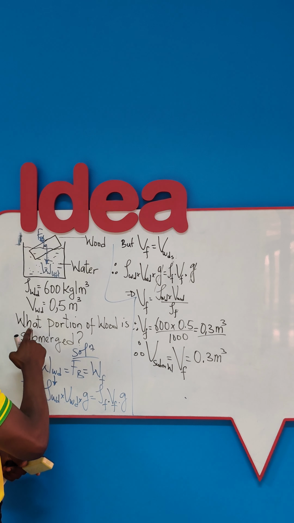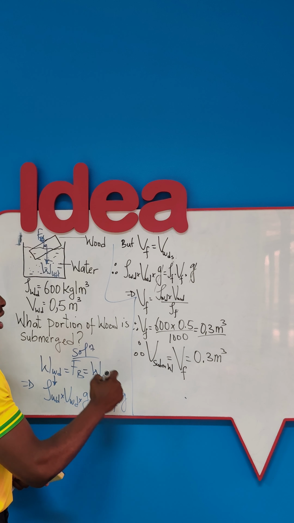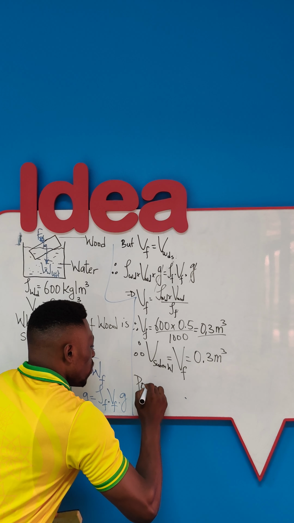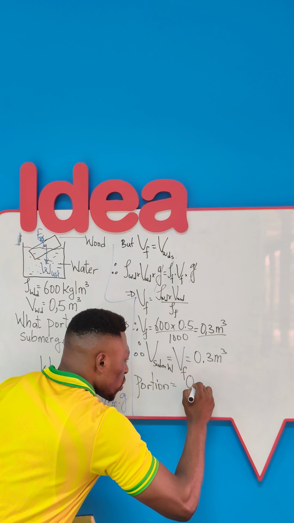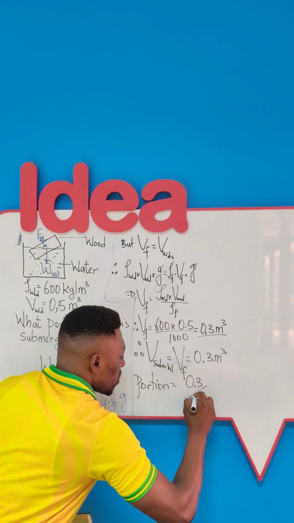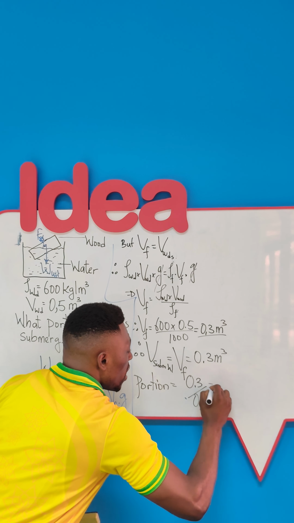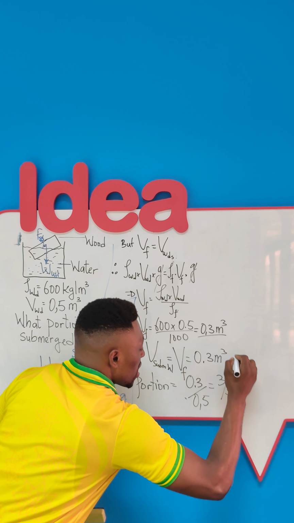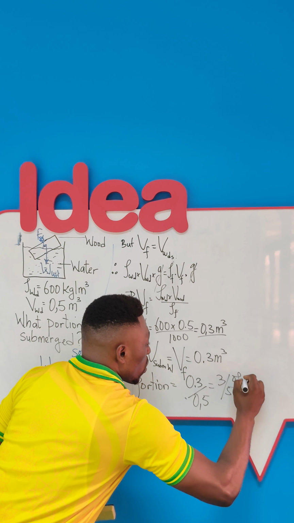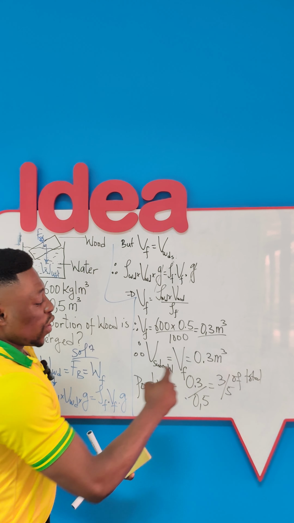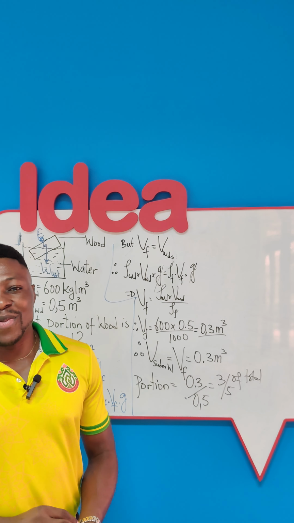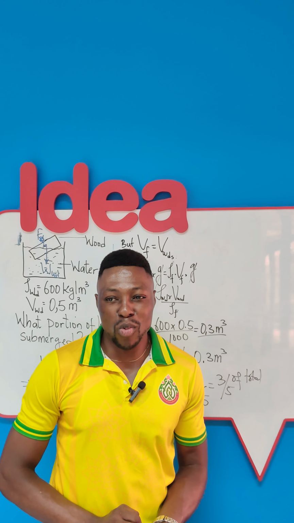Now the question asks, what portion? All right, so portion would be equal to the small part of it which has been submerged, divided by the entire volume here, which is nothing else but 3 feet of the total volume. All right, so 3 feet of our log of wood is submerged in water.